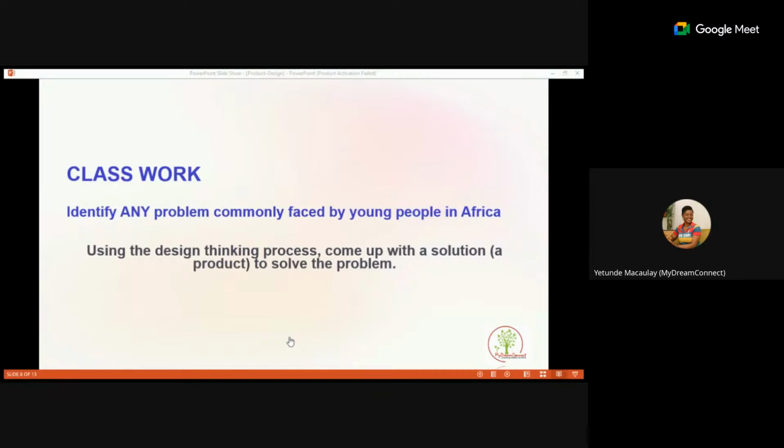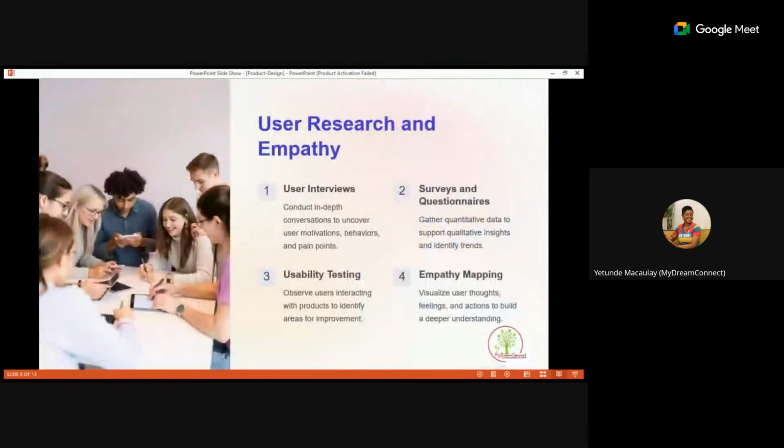Because now the problems have been identified by 12 of us in this room, or let's say 13. So now that we have come to the table and brainstormed, we want to do research to find out what others think about it, or how others feel about the same problem, right?